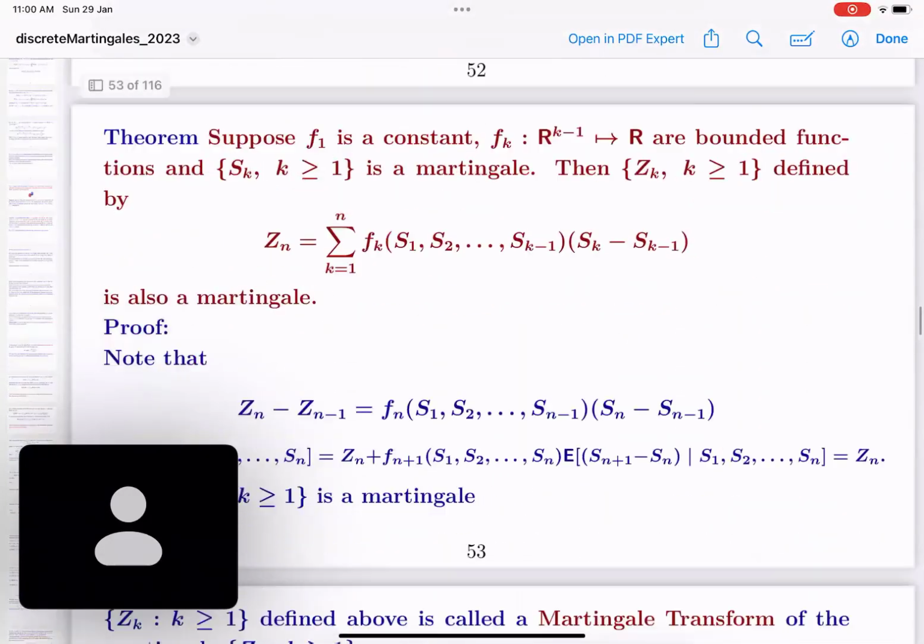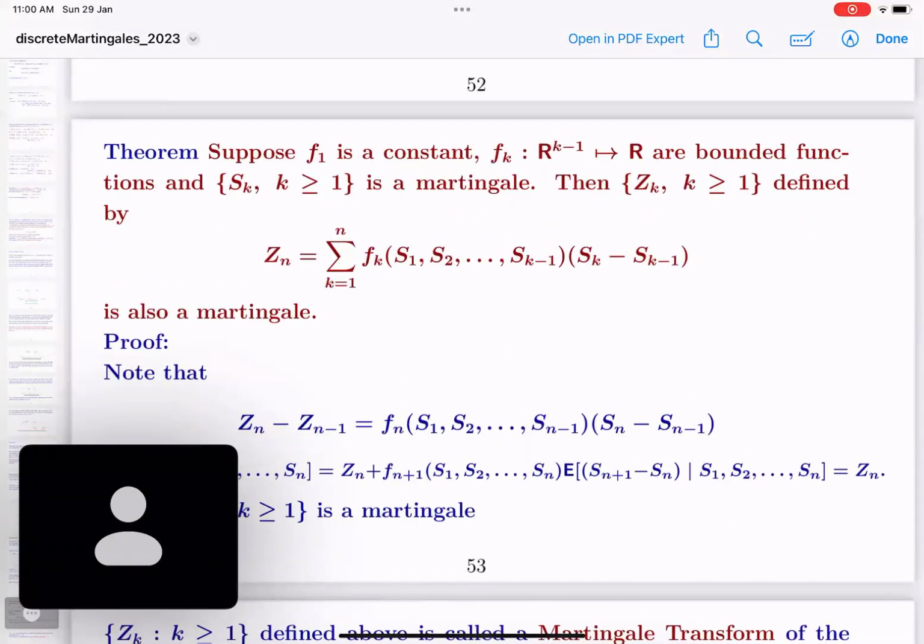Here is the theorem. Let F1 be a constant and Fk be bounded functions. If Sk is a martingale, then Zk defined by this is also a martingale.